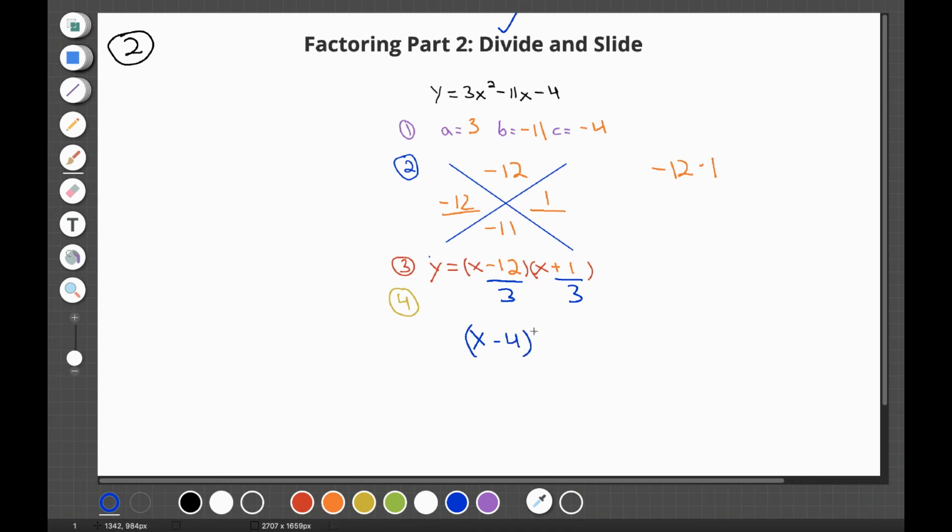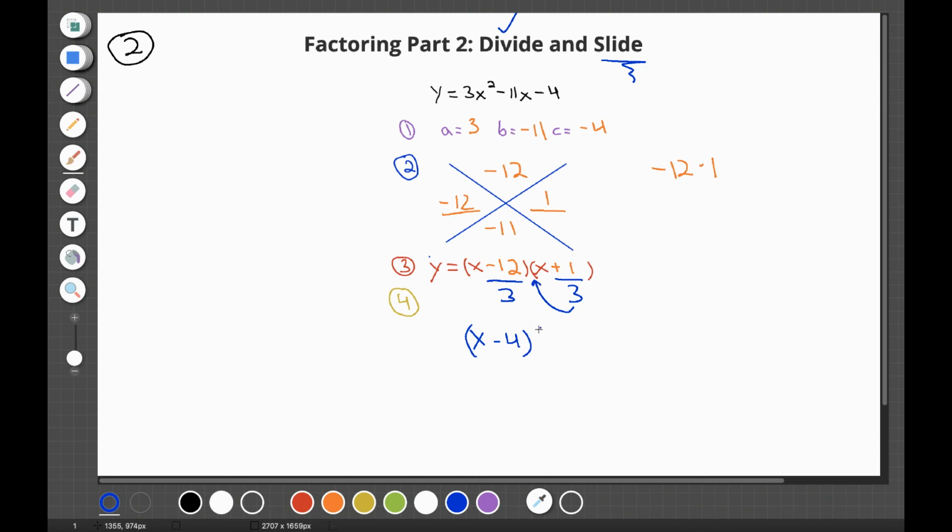Okay, now what about this one? 1 divided by 3. Now that's a decimal. You definitely don't want decimals in factoring ever. So you never ever want to get a decimal. Pay close attention to this because it can be confusing. This is where the slide comes into play. When you divide and it becomes a fraction, what you actually do is you slide that 3 up in front of the x.